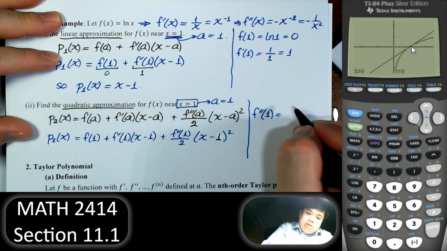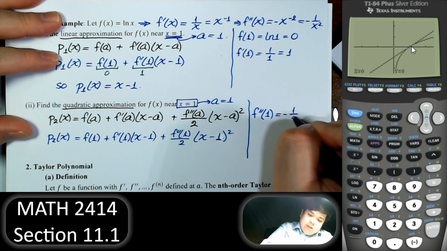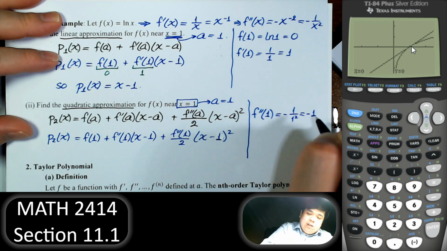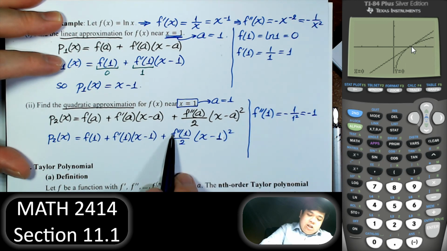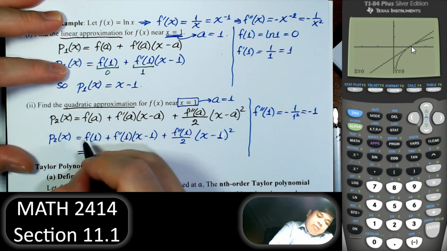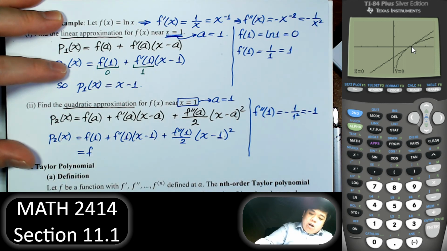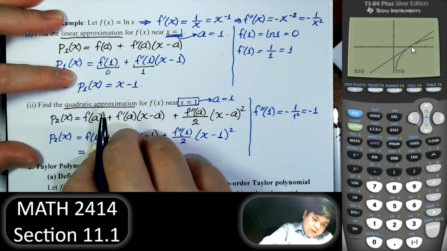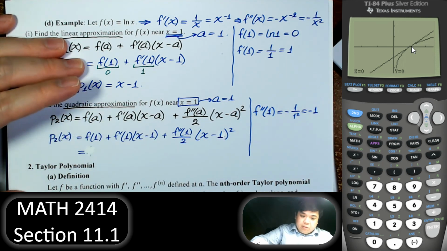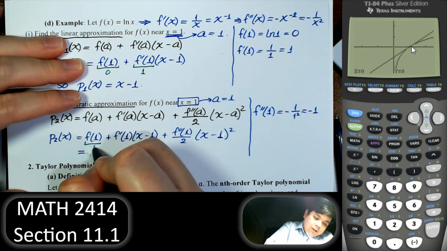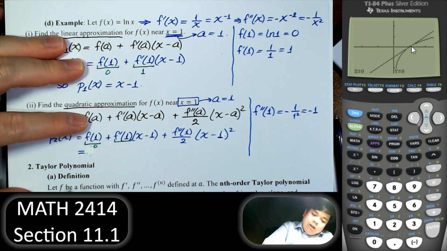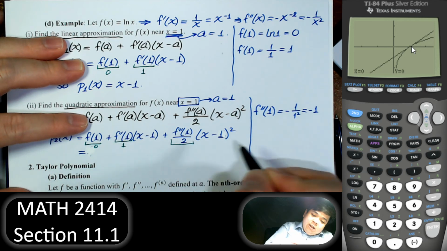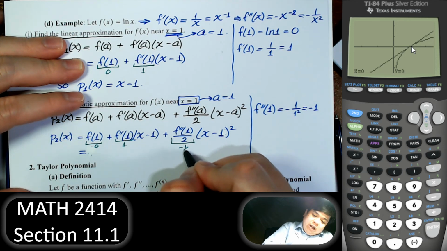So the second derivative at 1 is negative 1 over 1 squared, so negative 1. So this is negative 1/2.